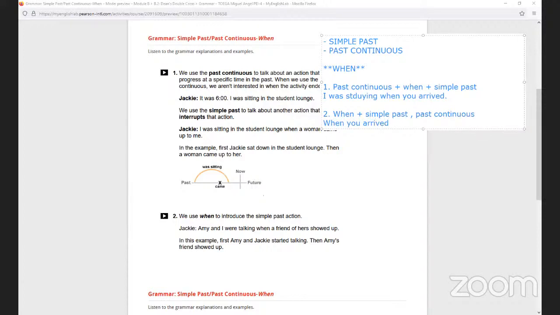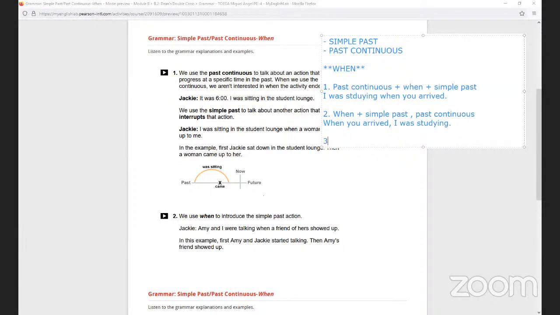What was happening when you arrived? I was studying, right? So these are the two structures that we have to respect. Past continuous and the action in past that interrupts. Or maybe I could say the action that interrupts and after, what were you doing? Okay, so we have to use these two.